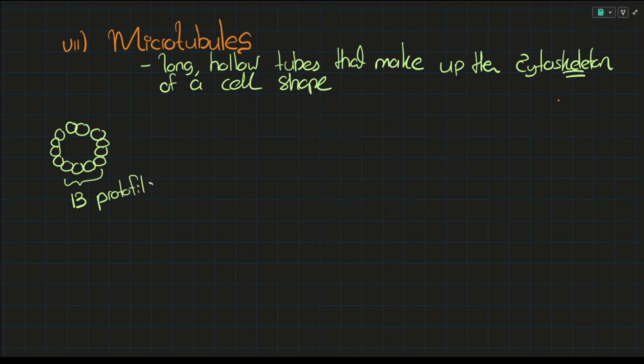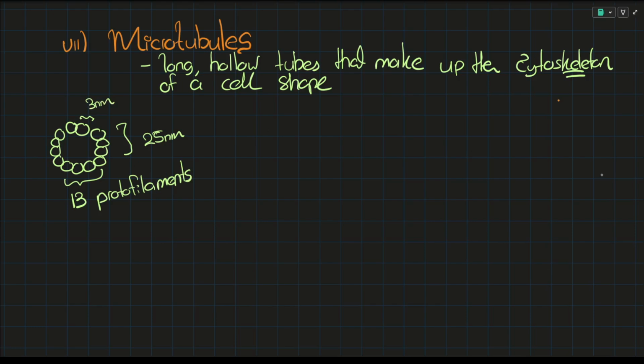13 protofilaments, and typically the size of this is about 25 nanometers, like a ribosome, very small. And each of these protofilaments are even smaller, roughly 3 nanometers in size.